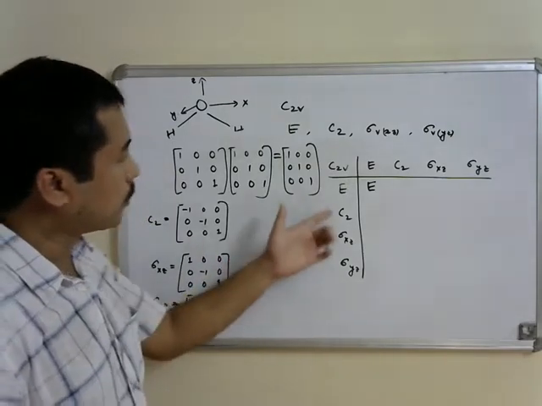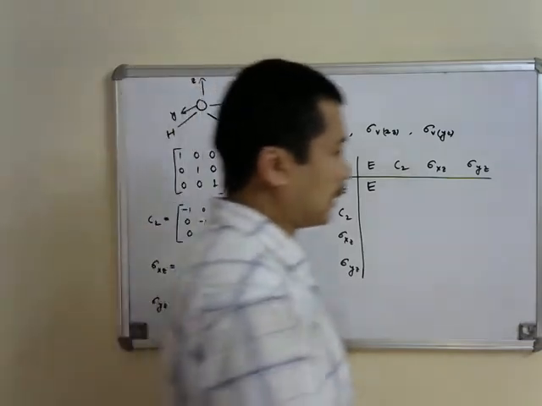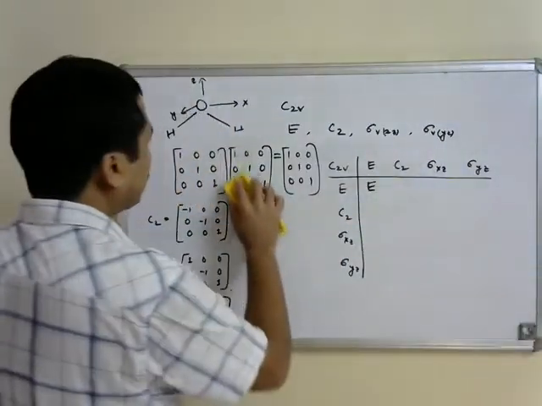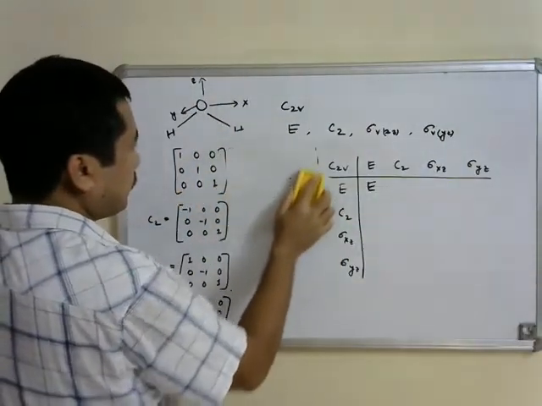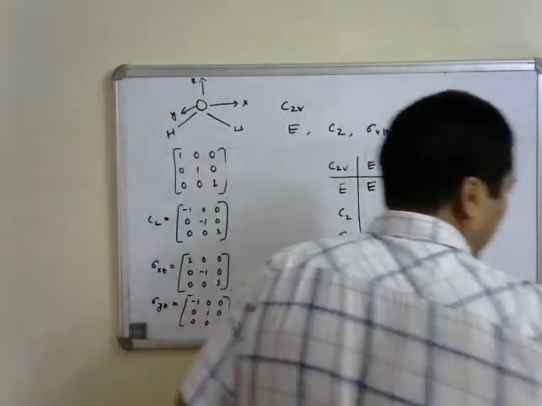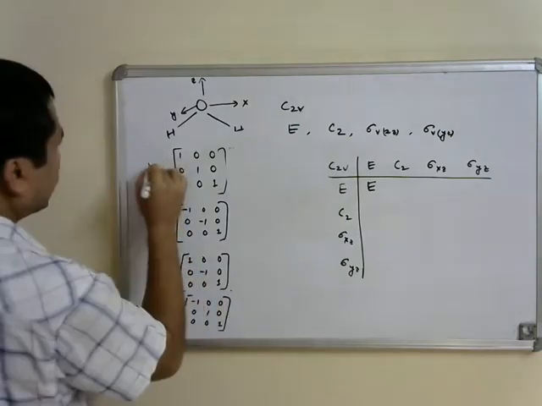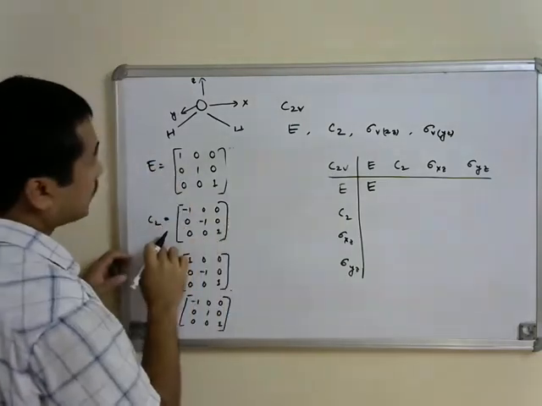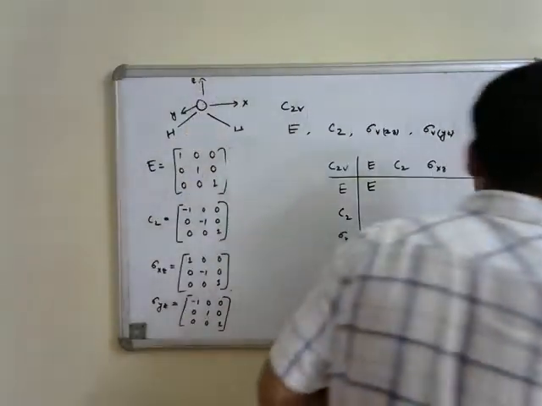Similarly, let us do C2 with C2 and see what result we get when we multiply C2 with C2. So this is for identity. When we multiply C2 with C2, let us do it here.